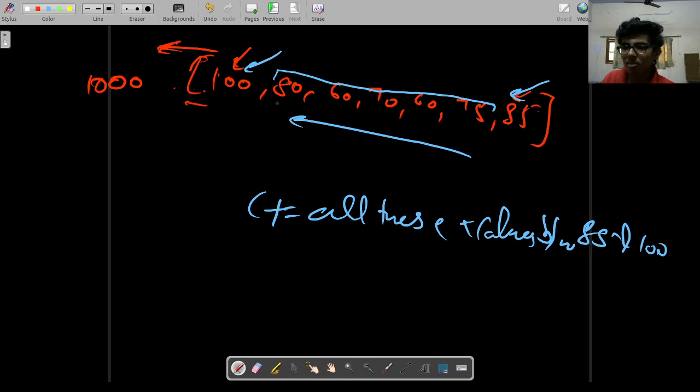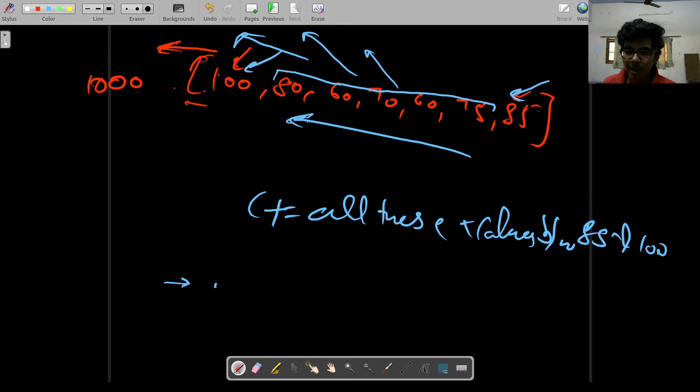If I move to the left, this means for 80 it is going to be present over here, for 60 it is going to be present over here, for 70 it is going to be present over here. So instead of checking the least value, I check the highest value present just before this.